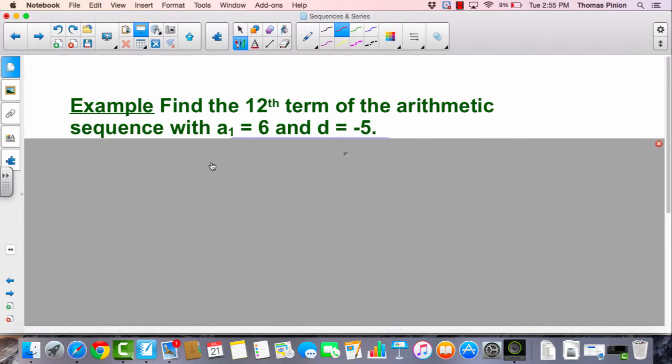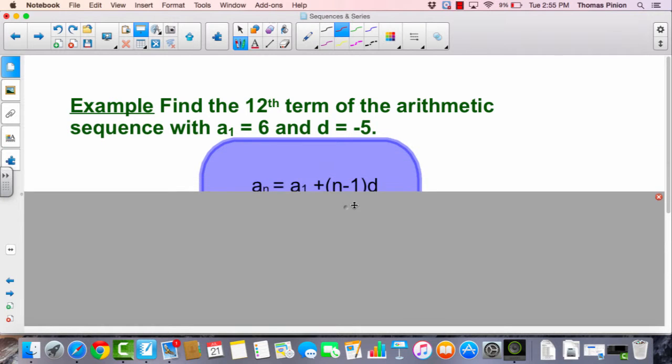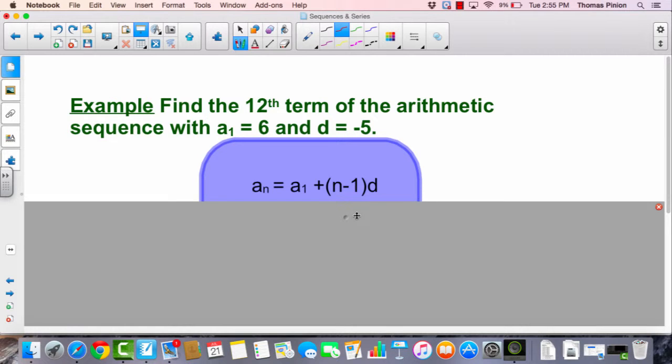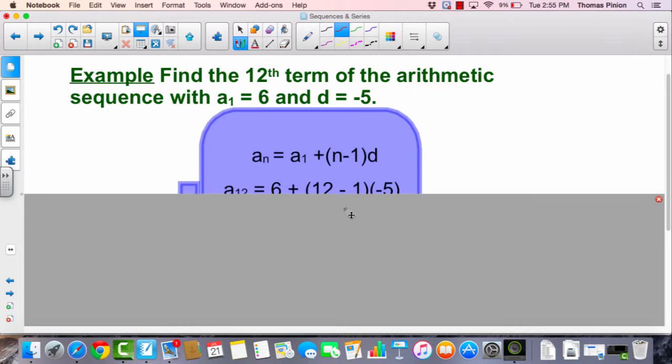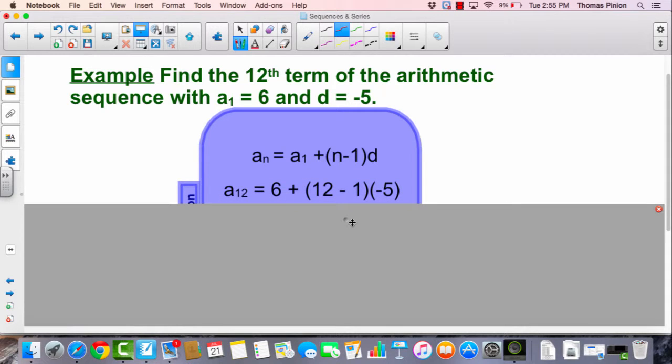Now let's find the 12th term of an arithmetic sequence with a sub 1 equals 6 and d equals negative 5. So again, start with your general explicit formula. Now let's plug in a sub n, which is a sub 12 in this case, because we're finding the 12th term.